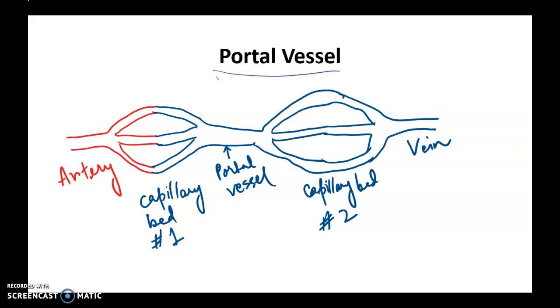Again, I repeat, there is a portal vessel system associated with the blood supply of the kidney that plays a major role in urine formation. So remember this: artery, first capillary bed, portal vessel, second capillary bed, vein. Do not forget. I'll start with a new video.